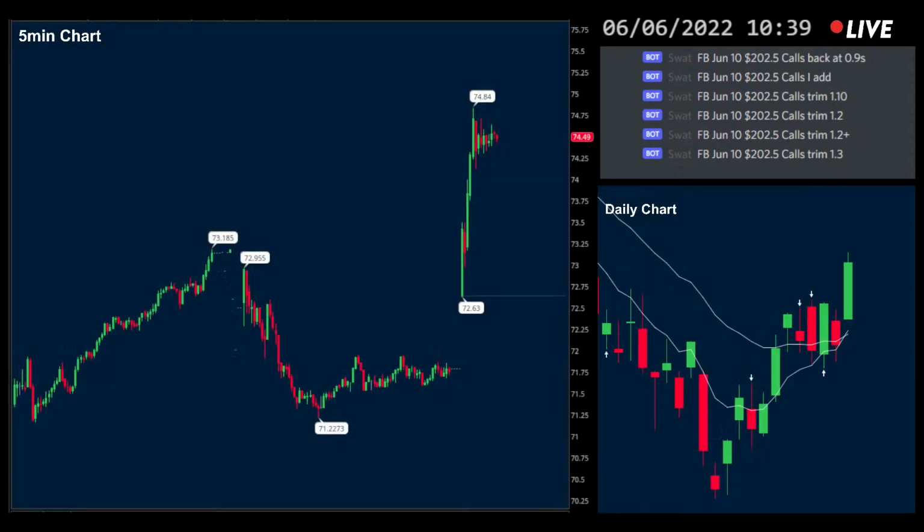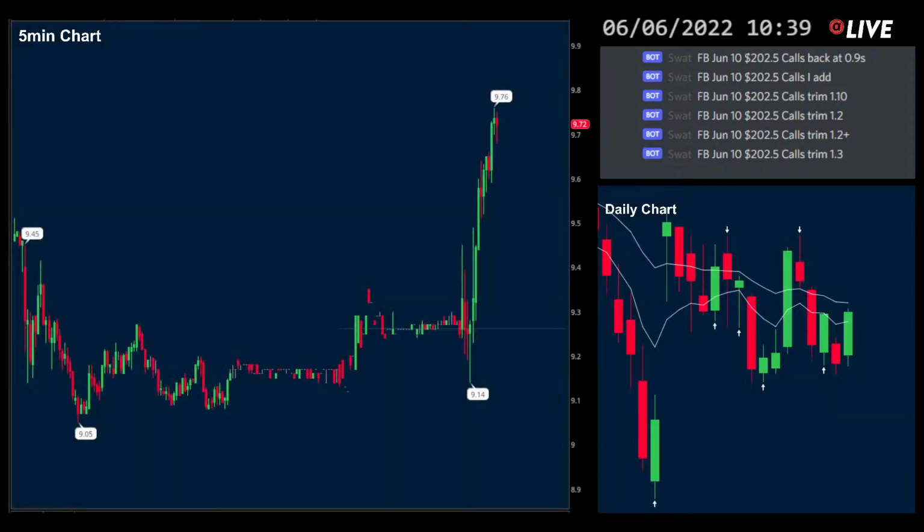Oracle holding well after that bull flow, flagging but not chasing it. Wood pretty much the same, new highs on the day. It was nice on Wood.